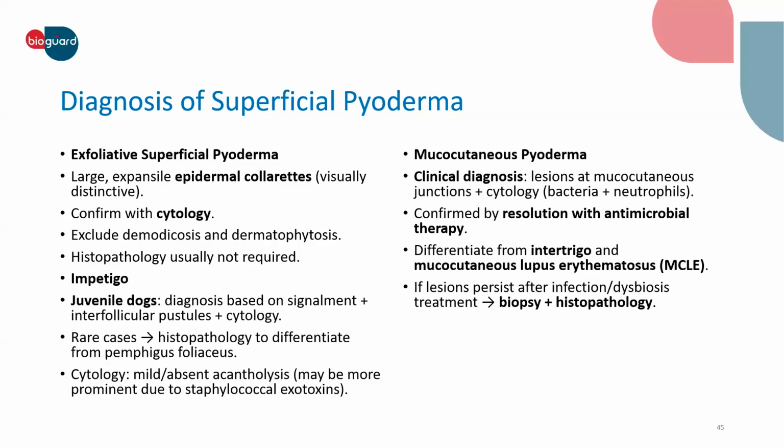And for impetigo in juvenile dogs, the diagnosis can be based on signalment, interfollicular pustules, and cytology. In rare cases, histopathology may be required to differentiate from pemphigus foliaceus. In cytology, we can see mild or absent cocci.